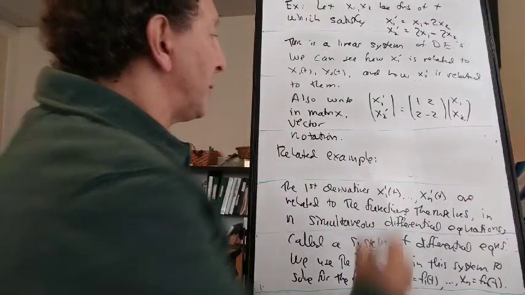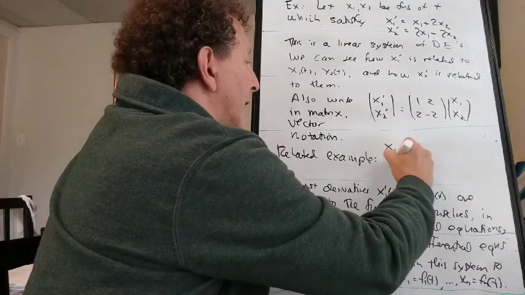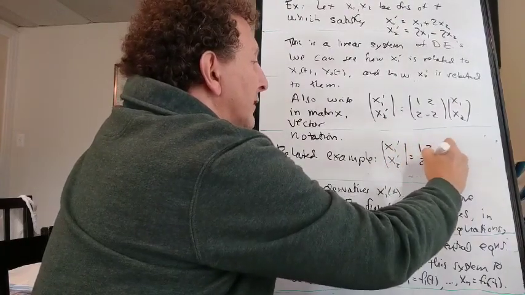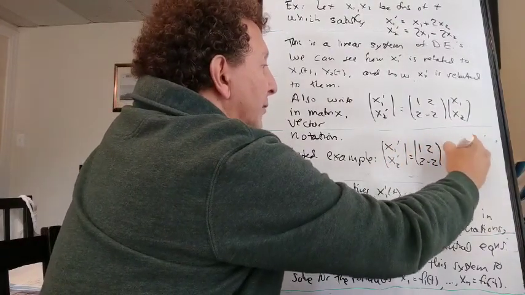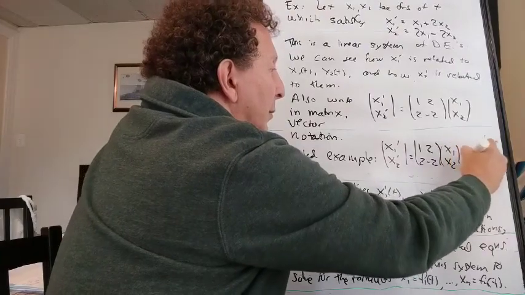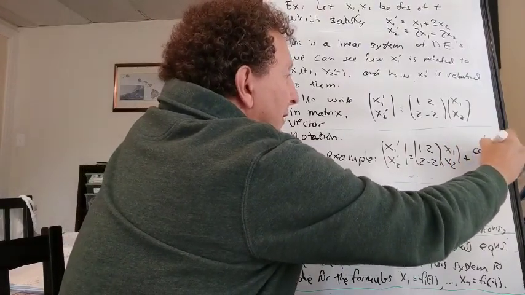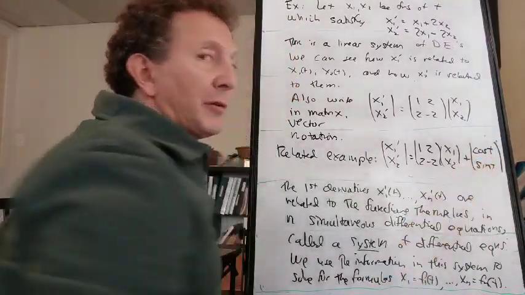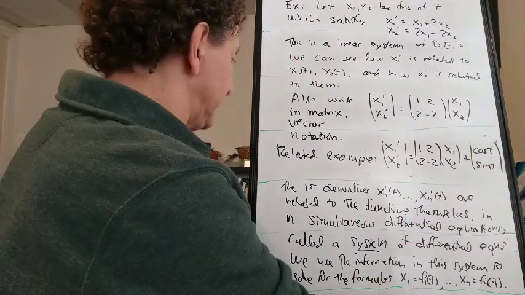Now, a related example is x1 prime, x2 prime equals, let's say, the same matrix times x1, x2 plus the vector cosine of t, sine t. So sometimes there's an extra vector of functions on the right.